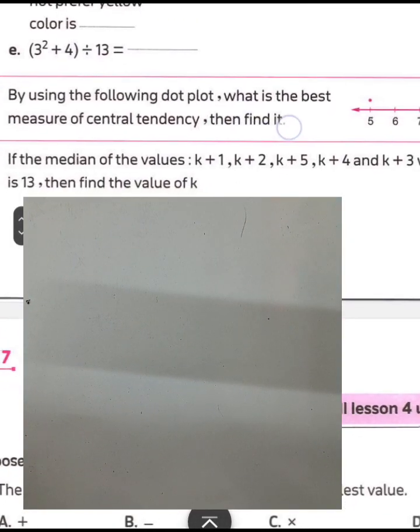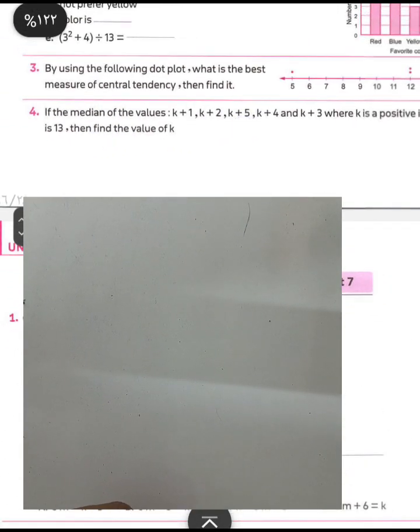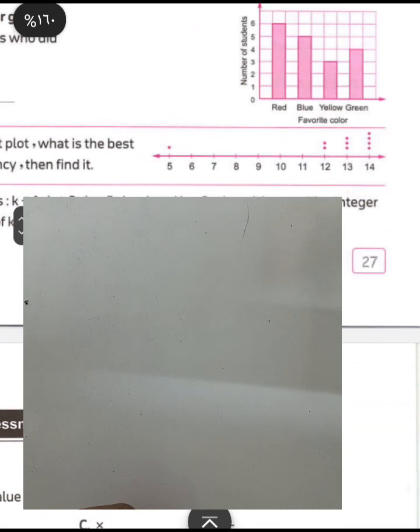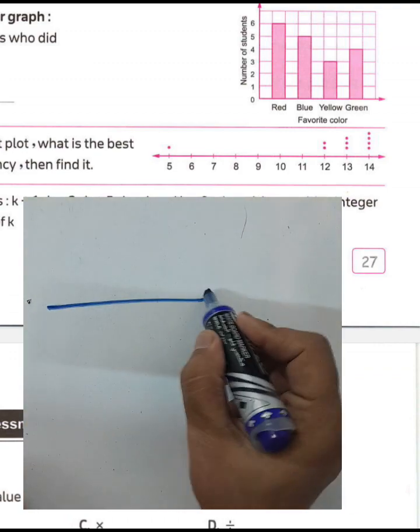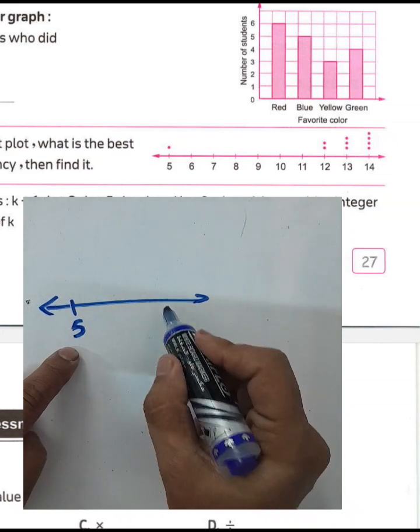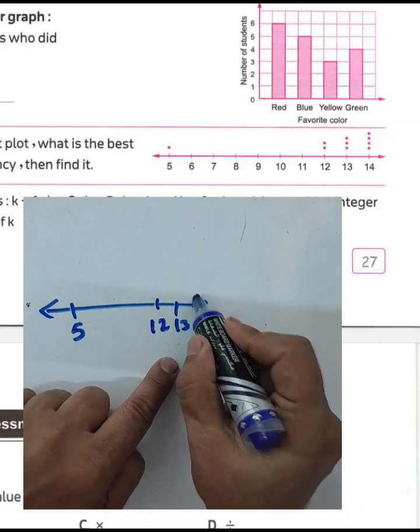Question number 3. By using the following dot plot, what is the best measure of central tendency to find? Look at this example. We have 5 outside, it's an outlier, because it's far from 12, 13, and 14.